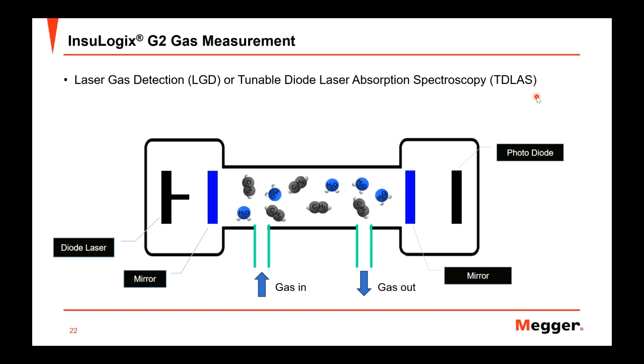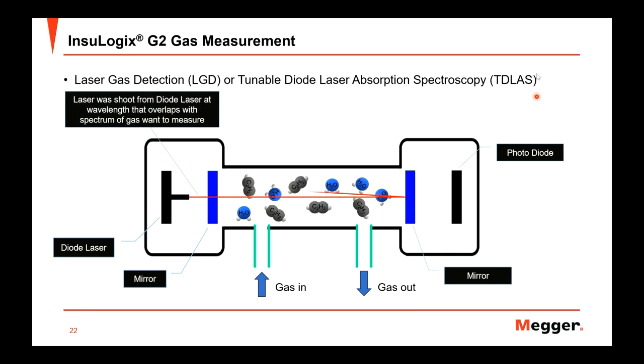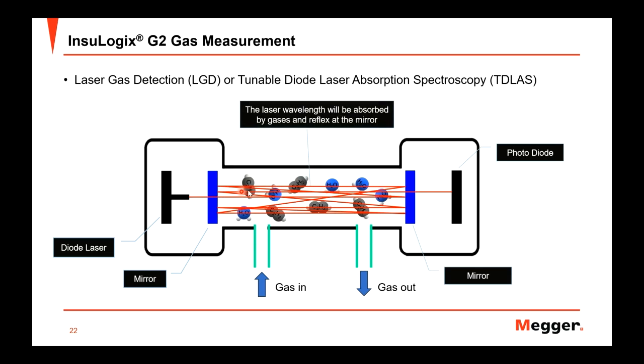That's it. We have the laser diode here. It will shoot the laser out, and it will reflect between the mirrors inside of the measurement chamber.